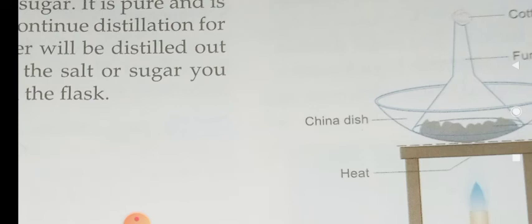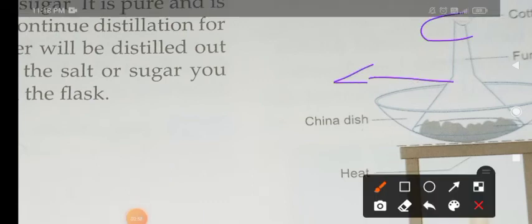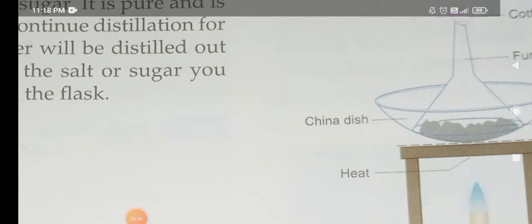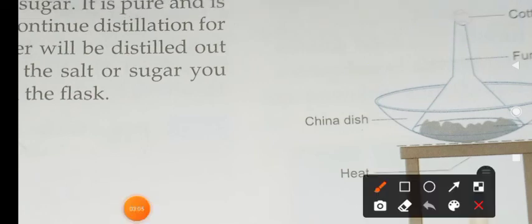Ammonium chloride is easily sublimable. That mixture should be taken in the china dish and covered with a funnel, and the stem of the funnel should be covered with cotton. Heat the mixture so that the ammonium chloride starts to sublime.